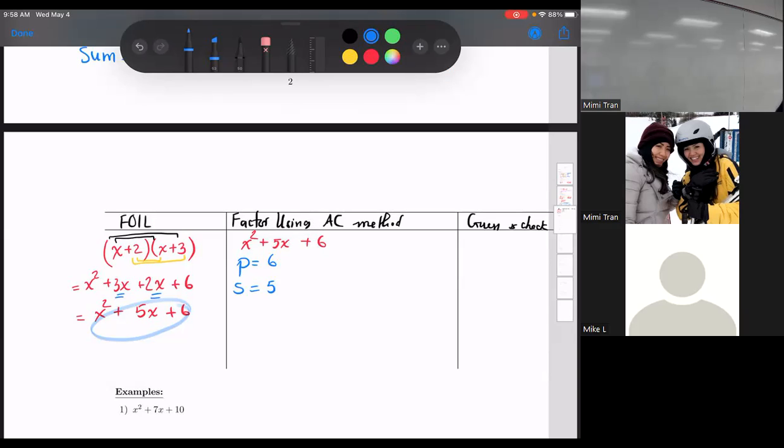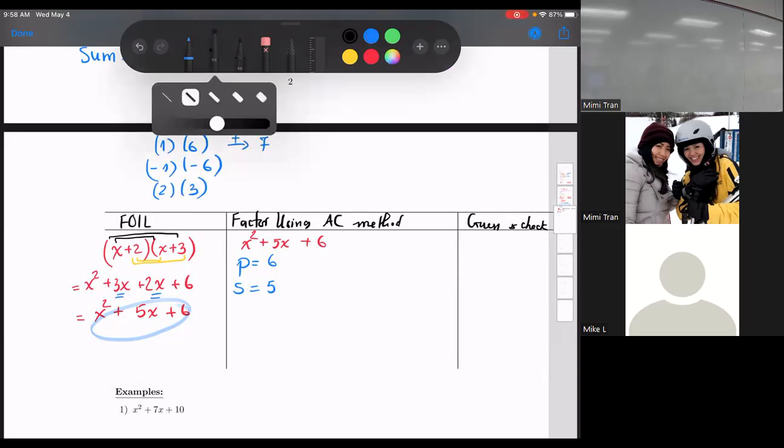So first, imagine I don't know anything about factoring or the AC method. Two numbers that multiply to give me 6 will be what? Either 1 and 6, or -1 and -6, or 2 and 3. Now 1 times 6 is actually 6, but when you add them, does it give you 6? No, it gives you 7, so we don't want that.